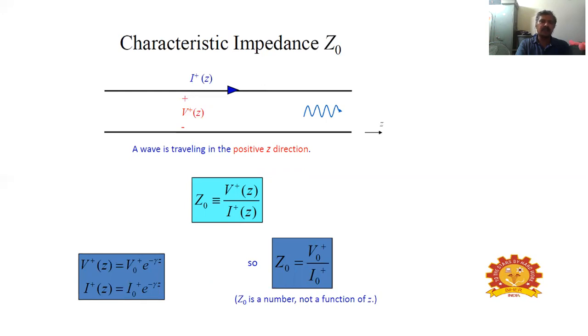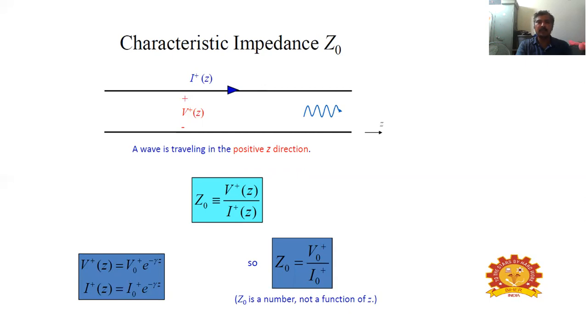V of Z can be further given by V0 plus into e power minus gamma Z, and I of Z is equal to I0 plus e power minus gamma Z. Now in place of V of Z and I of Z, we can substitute these equations. Therefore, Z0 is equal to V0 plus into e power minus gamma Z divided by I0 plus into e power minus gamma Z. Cancelling out e power minus gamma Z, we get Z0 is equal to V0 plus divided by I0 plus.